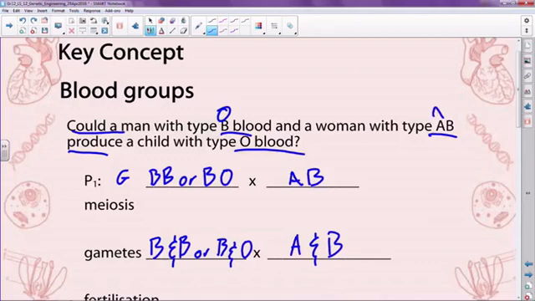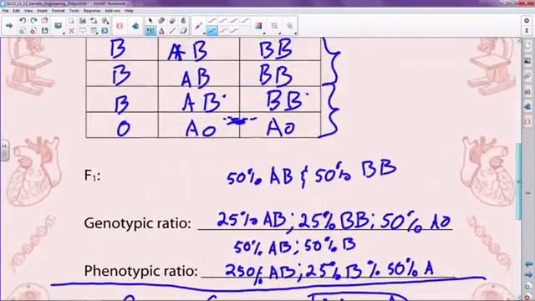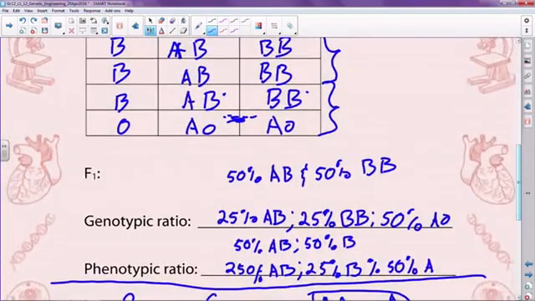And the answer is no. You need to say, no, they cannot, because all they can produce, if the dad is BO, then this would happen. If the dad was BB, this would happen. So there is no way that they can get that.